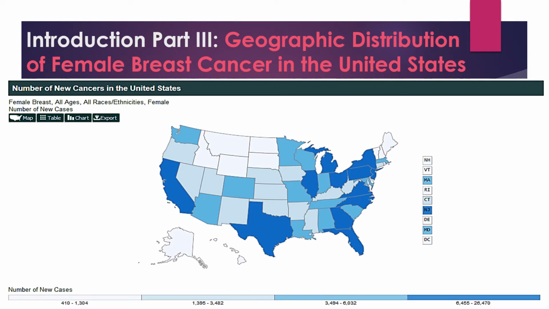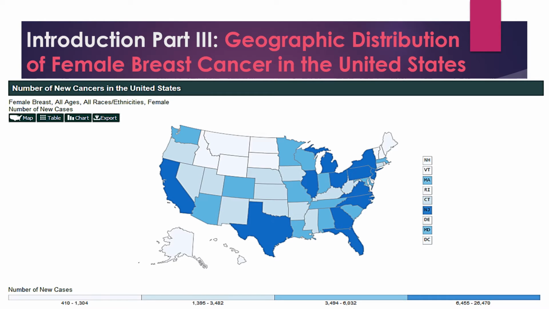The overall geographic distribution of incidence of new female breast cancer cases for all ages and all races and ethnicities in the United States, based on data gathered in 2016 by the CDC and the U.S. Cancer Statistics Working Group, gives the following distribution as shown in this map. Notice the northeastern states like New York, Pennsylvania, New Jersey, they all have the highest number of new cases of female breast cancer.